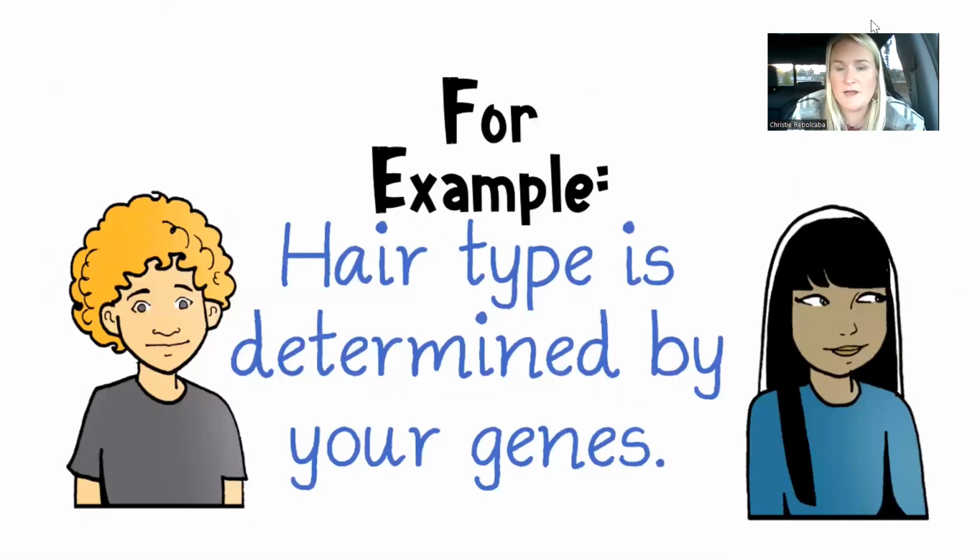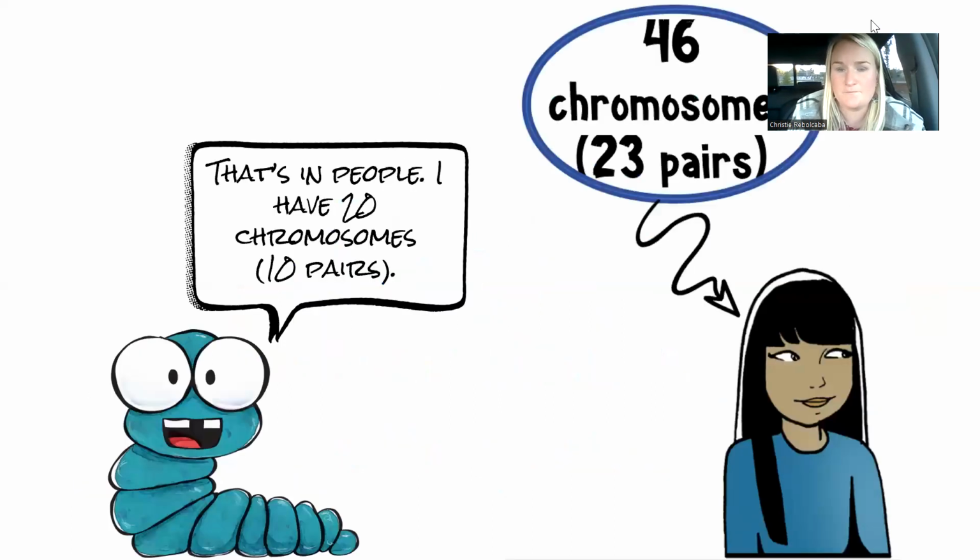For example, hair type is determined by your genes. We talked about when we were studying genetics, red is recessive and the most rare hair type, and the most common is brown or black, the darker colors. So this is determined by your genes and your DNA.